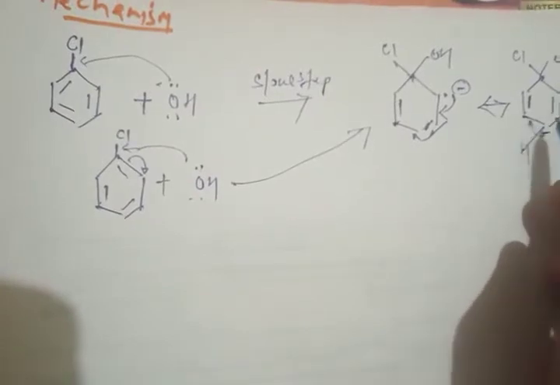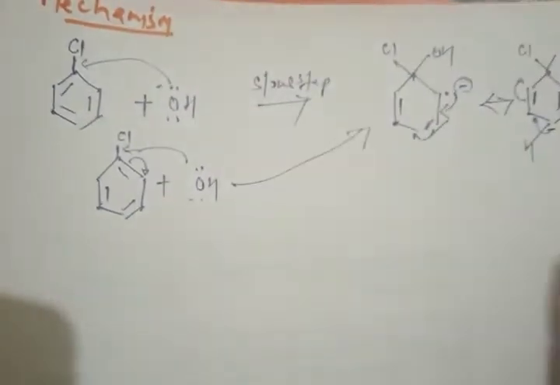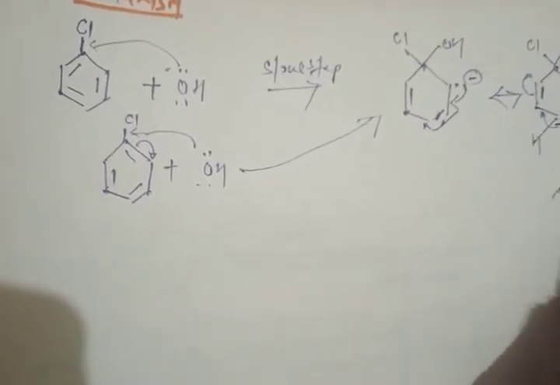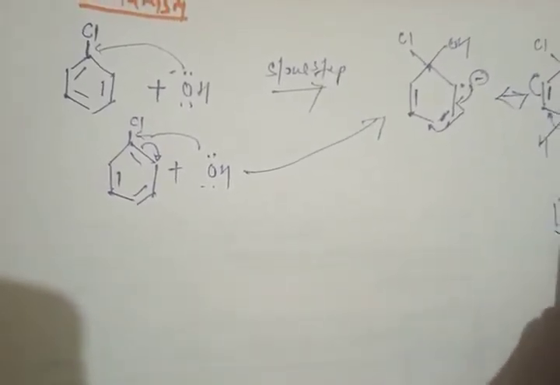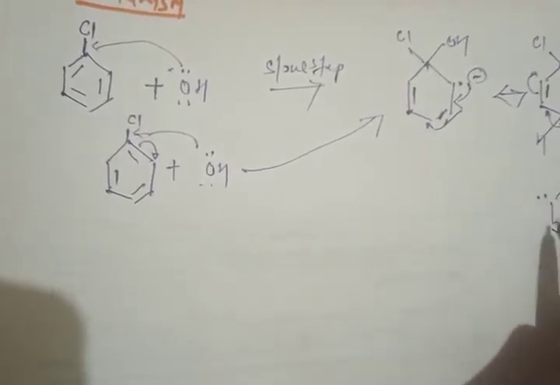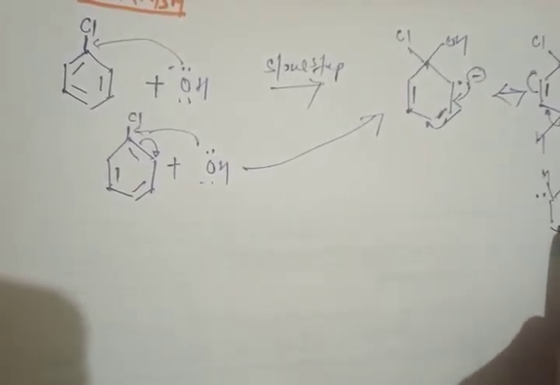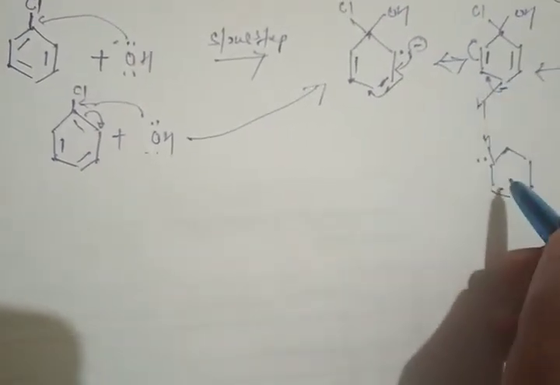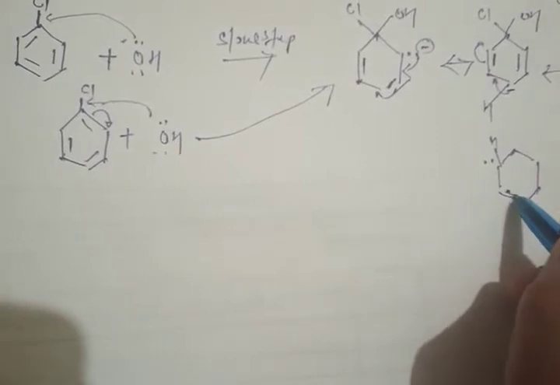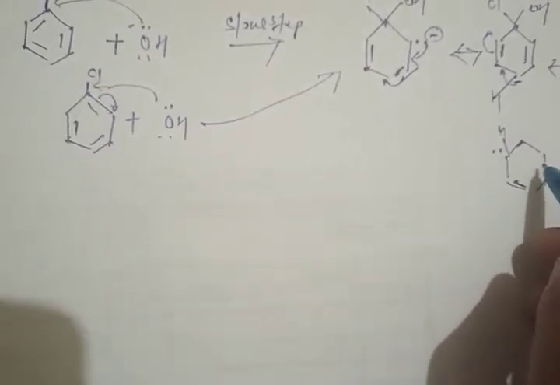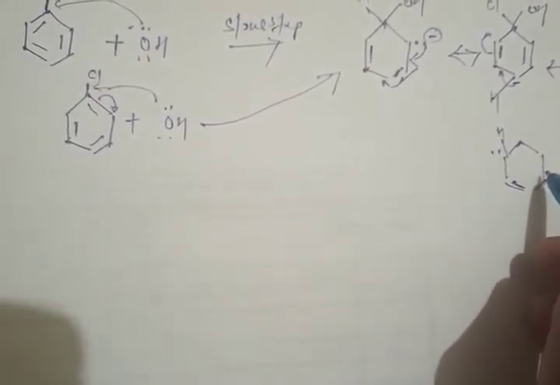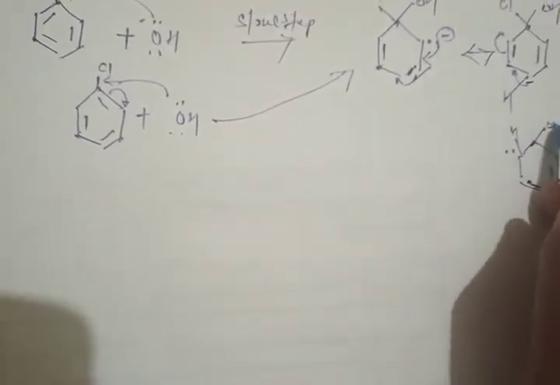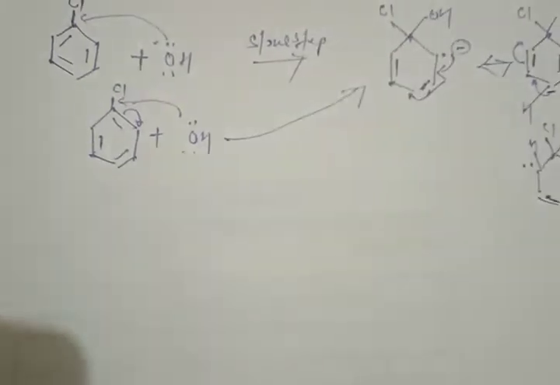Then this electron will shift to this side, and this will give you a structure like this, a negative charge with hydrogen, and here we have a bond, OH and Cl.